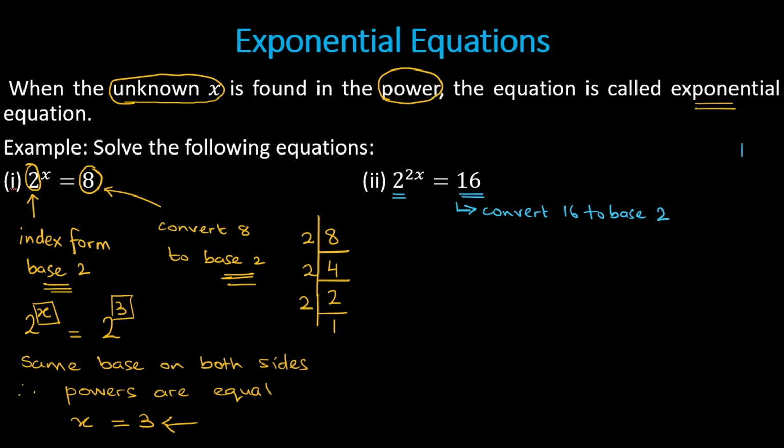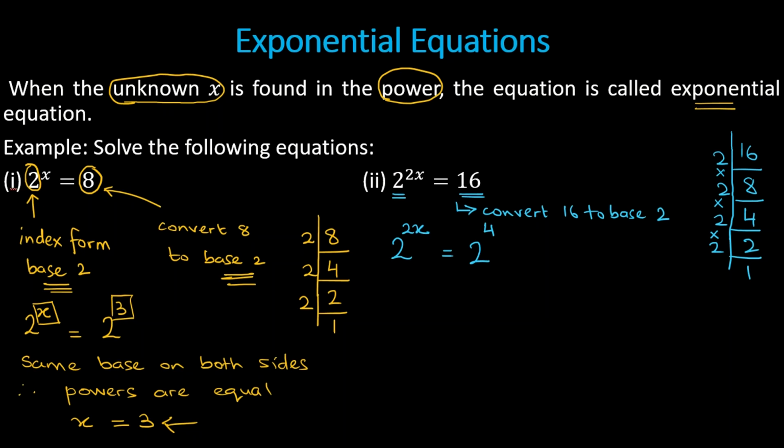So we take 16, we divide by 2. 16 divided by 2 is 8. 8 divided by 2 is 4. 4 divided by 2 is 2. And 2 divided by 2 is 1. So we write 2 to the power of 2x equals, and what is 16? 16 is simply 2 times 2 times 2 times 2, which is equal to 2 to the power 4.